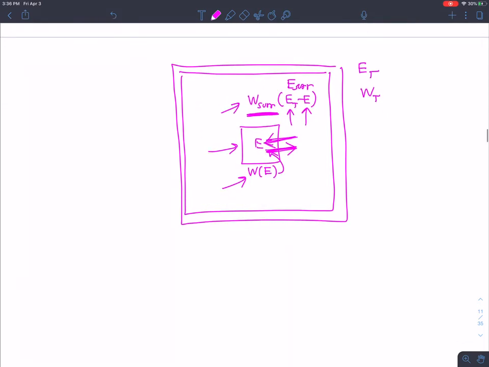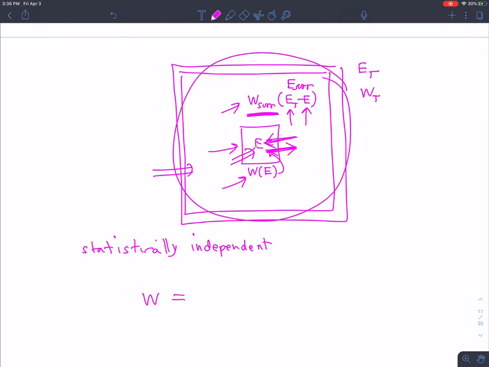All right, so with that picture, and assuming that the surroundings and the system are statistically independent, the number of microstates available to everything when the system has energy E is W of E, the number of microstates in the system itself, times W_S, the number of microstates available to the surroundings.